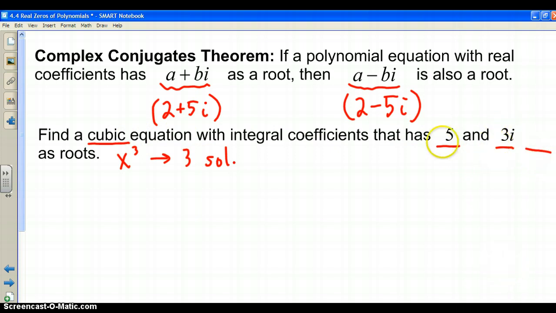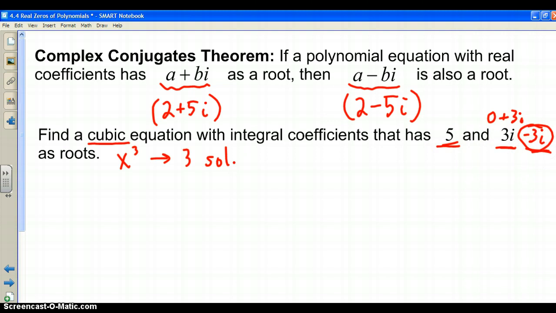This isn't written quite the same form as this, but you can tell this is a complex, an imaginary solution. And so this one is always going to have a partner around, negative 3i, with them. If you thought about it, this would be 0 plus 3i. That might make it easier to see that this would be the missing solution here. There are three solutions for this particular equation.